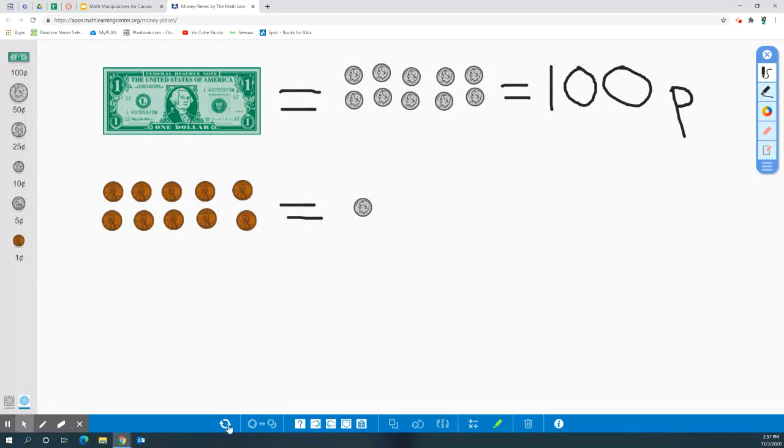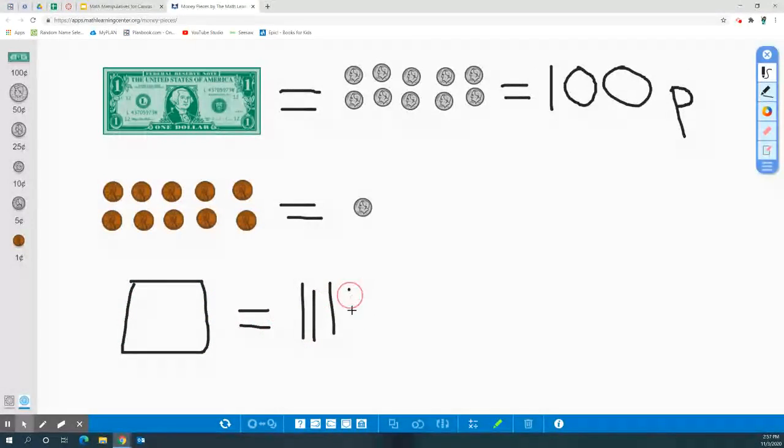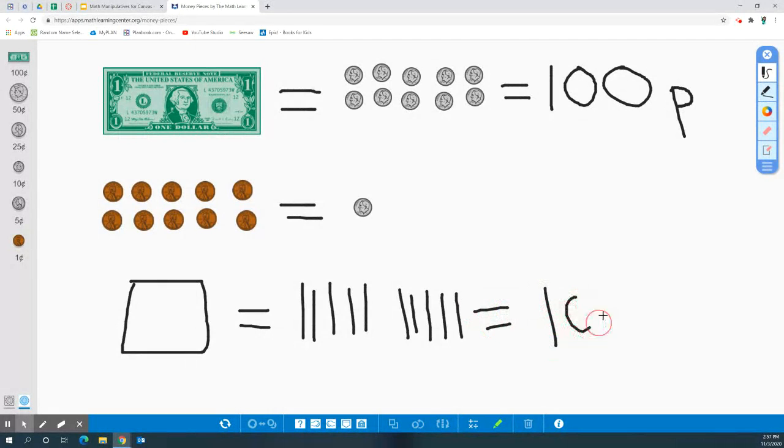And if you look at boxes, sticks, and circles, one box is the same as 10 sticks, which is the same as 100 circles, right?